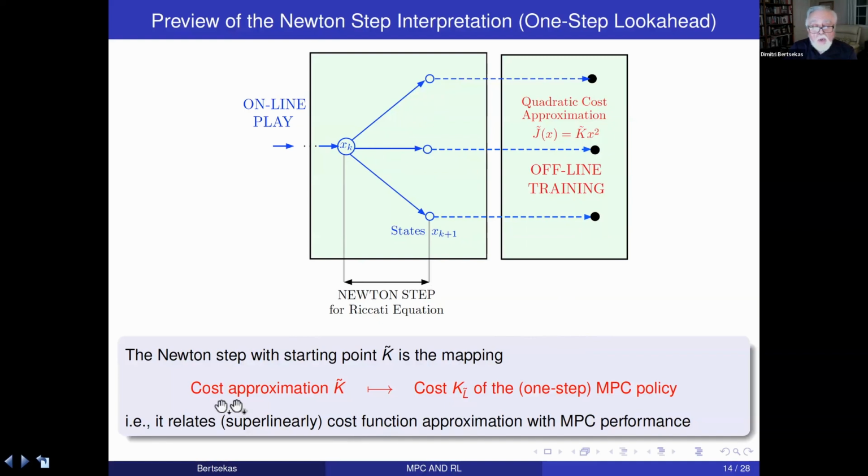It maps cost approximation k tilde to cost of the one-step MPC policy. And this relation is superlinear because Newton's method, Newton iteration, has superlinear convergence. So it relates superlinearly the cost function approximation with the MPC performance.